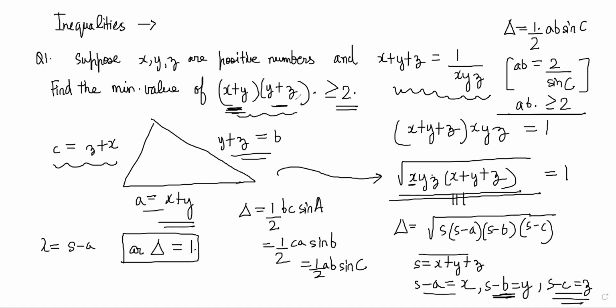The right substitution is where we say x plus y is a, y plus z is b, and z plus x is c. And this substitution is known as the tangent length substitution.